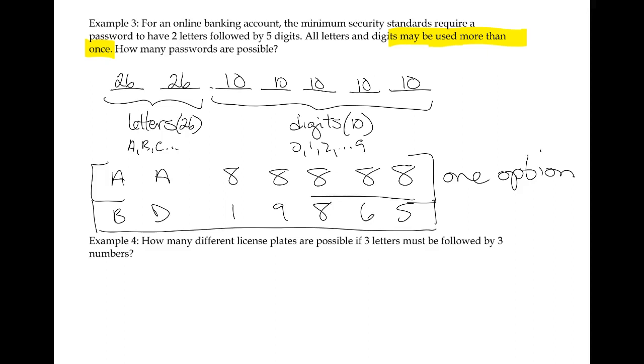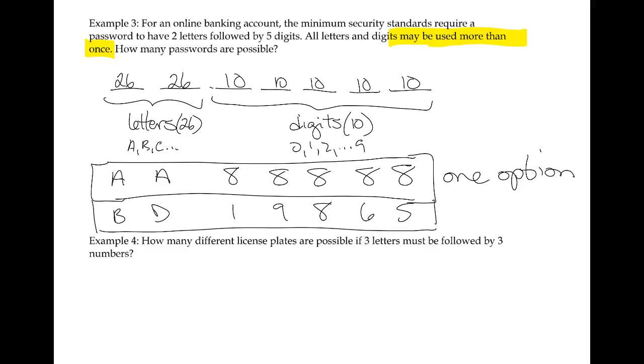In one option, we've got repeating. In another, we don't, but either one is just as acceptable as the other because there's no restrictions on my password other than that first 2 pieces have to be letters, and the last 5 have to be numbers.